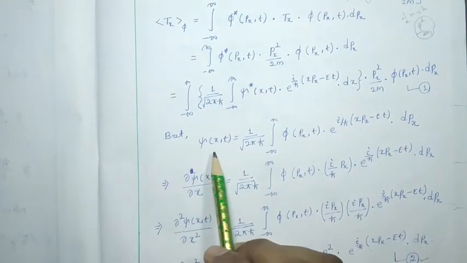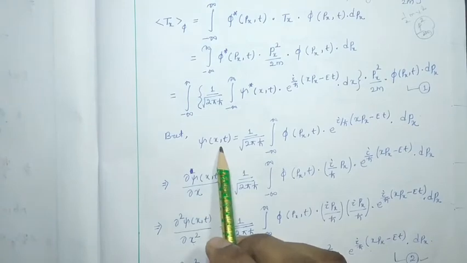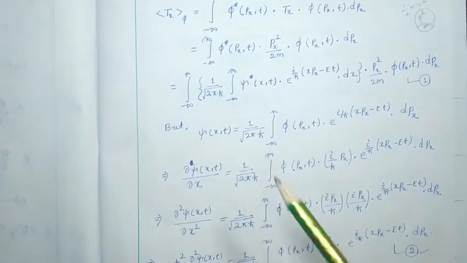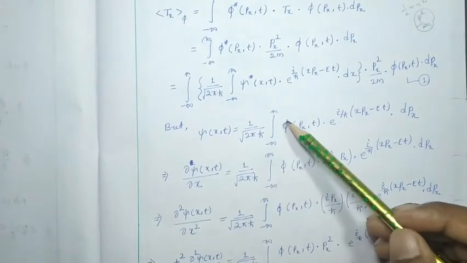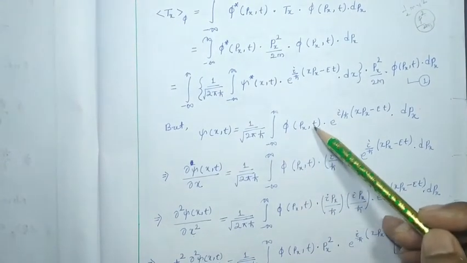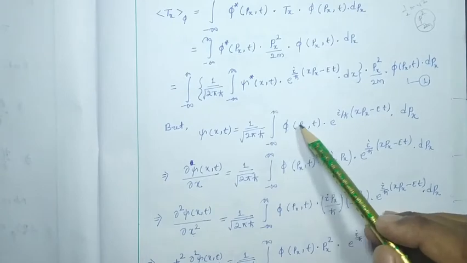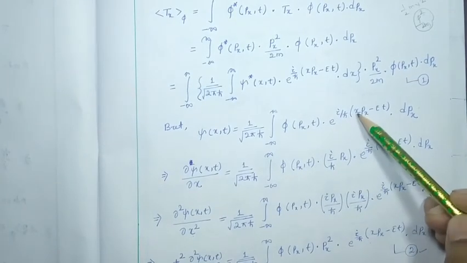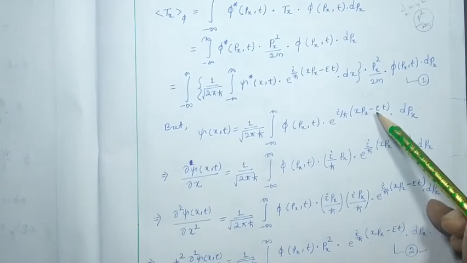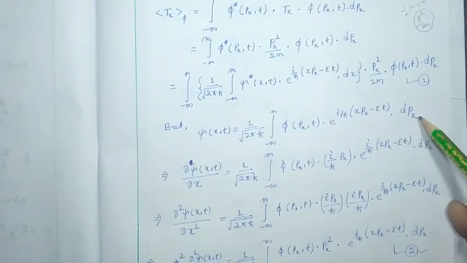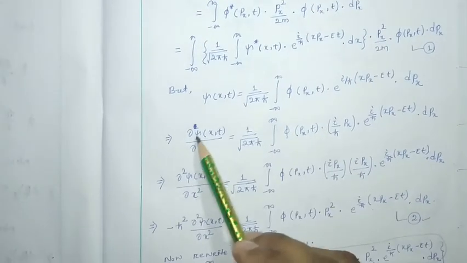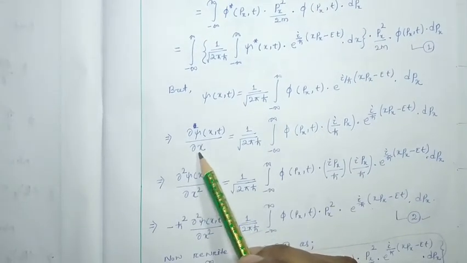But we know that psi (x, t) is equal to 1 by root over 2 pi h cross, integral from minus infinity to infinity of phi (px, t) e to the power i by h cross (x px minus E t) dpx. Now we have to take the first derivative of psi (x, t) with respect to x.